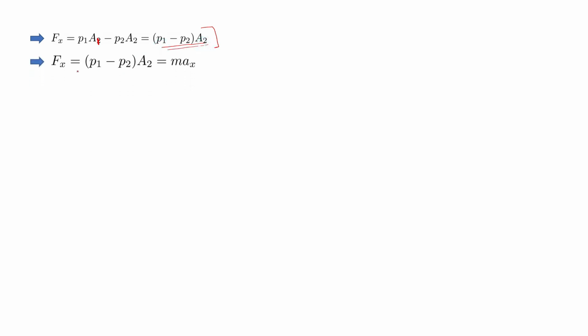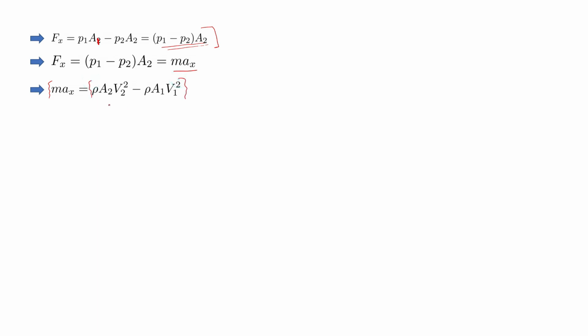According to Newton's second law of motion, this Fx, net force, is equal to mass into acceleration, P1 minus P2 into A2. This mass into acceleration is equal to the rate of change of momentum in the x direction.